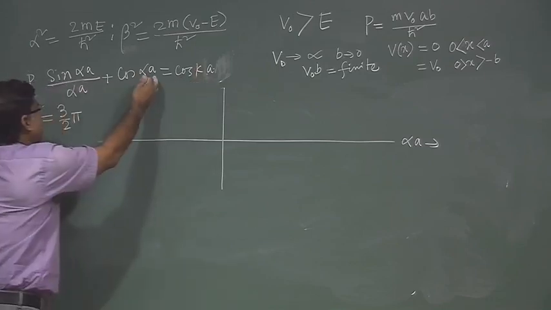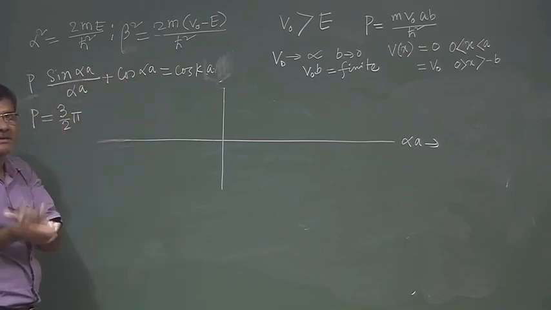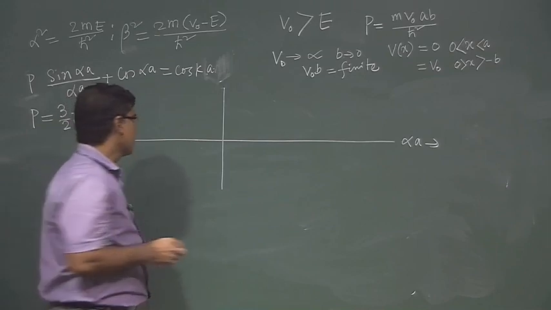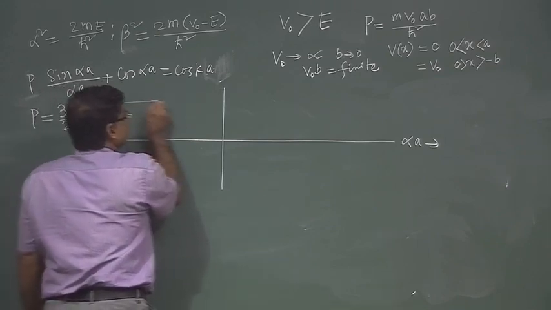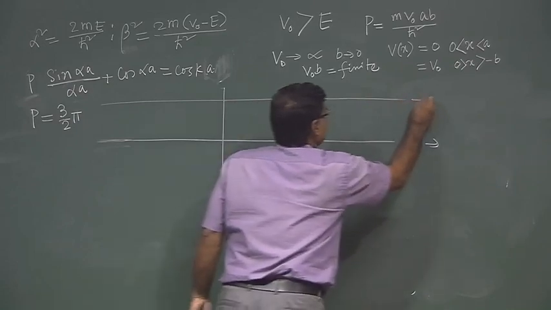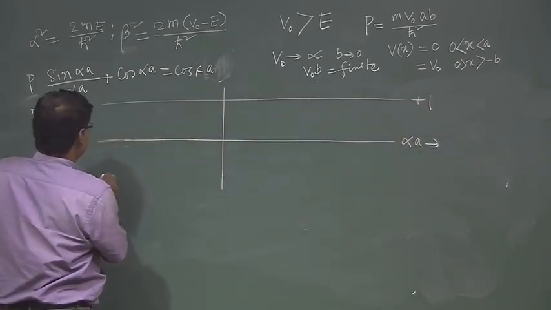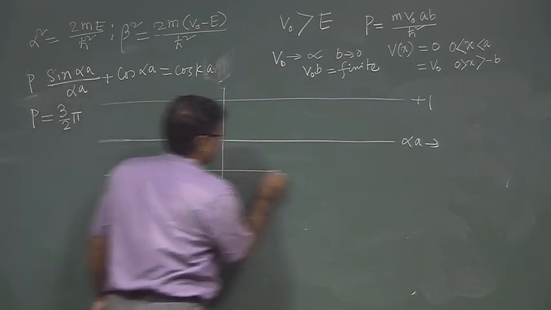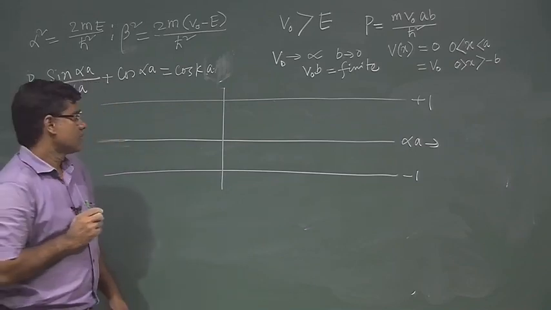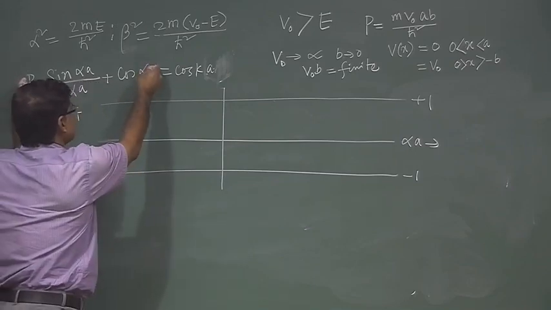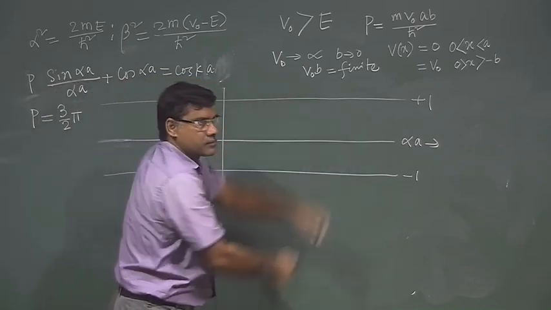So, this value has to be also within this range +1 and -1. So, let me draw those two lines, one is +1, this is the boundary, and another is -1, right. So, now if I plot this one, this has to be within this range, right.